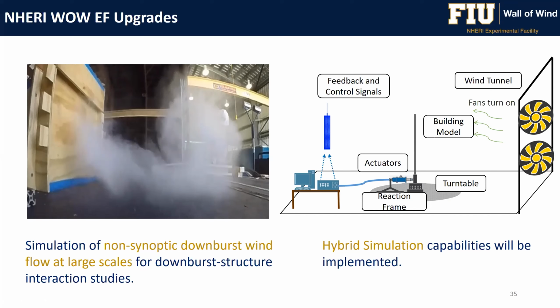So we think this will be a larger-scale simulation of downburst events that would allow larger-scale testing of buildings and how this downburst flow would impact different types of buildings and other infrastructure. We will talk about the hybrid simulation capabilities that we are developing in collaboration with Lehigh in a few minutes after this presentation.